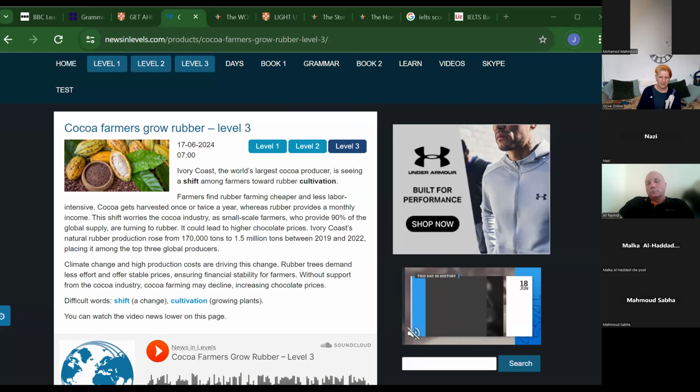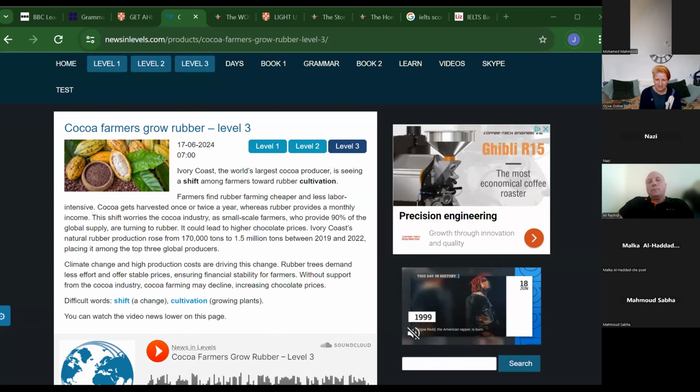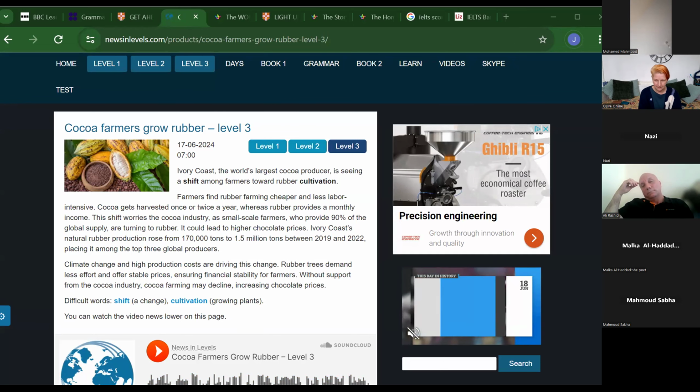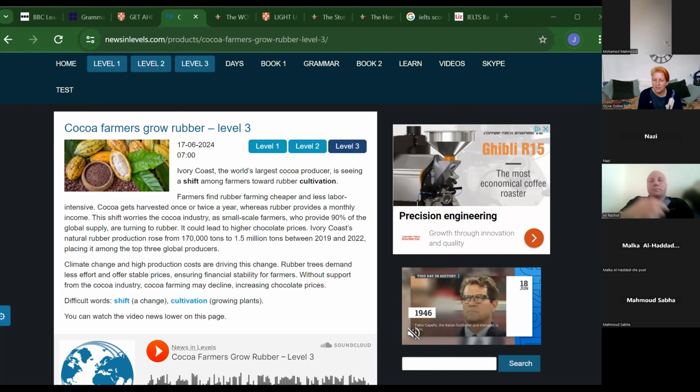Right. So I'm putting a few extra word definitions into the chat. These are extra words that you can look up in the Cambridge Dictionary as well.